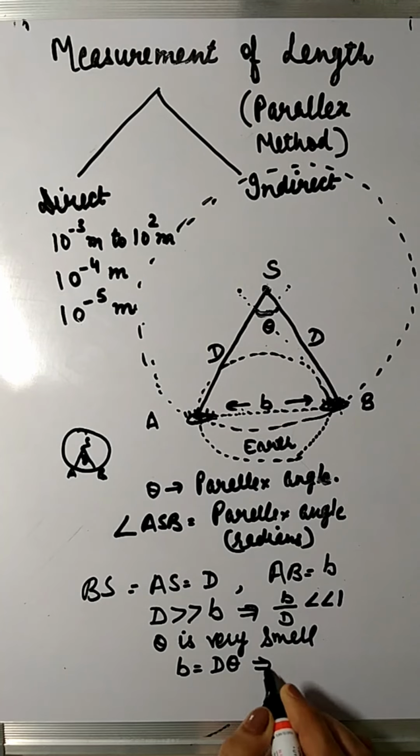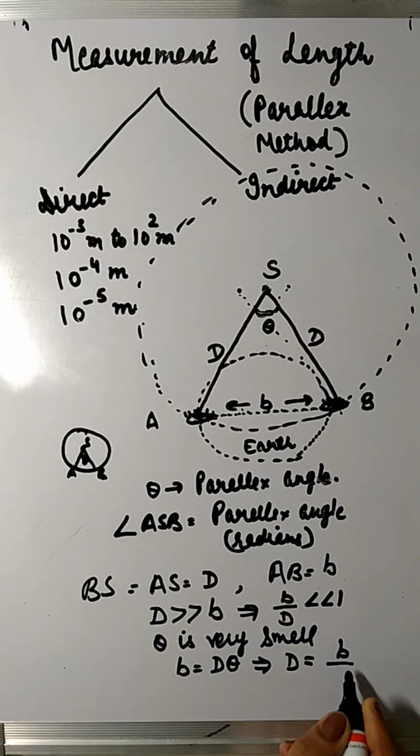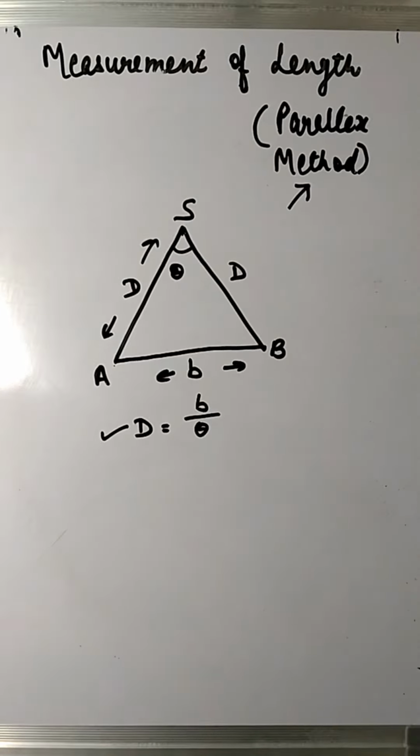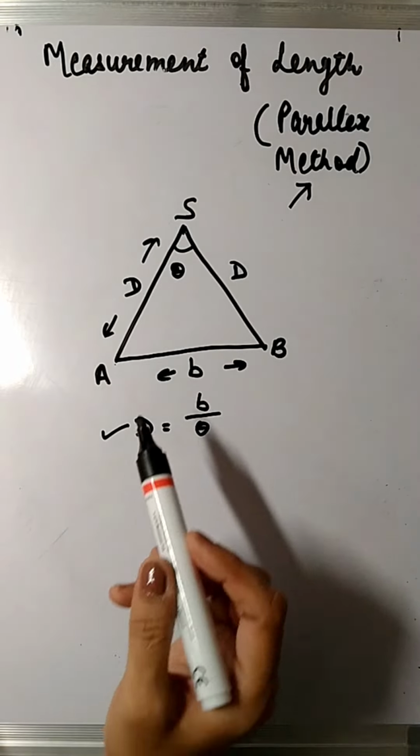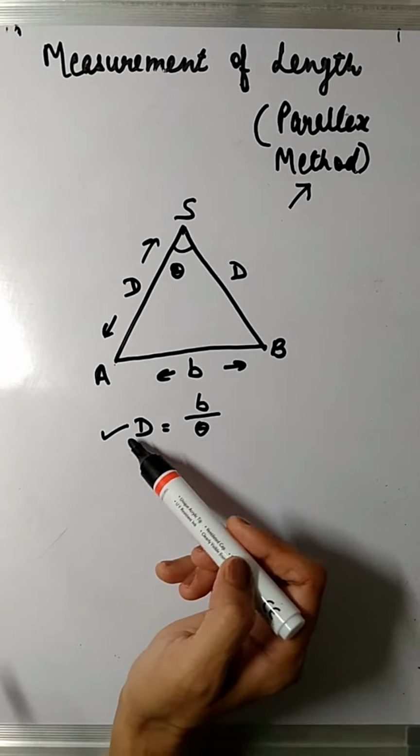So from here we find d is equal to b over theta. So we have calculated the distance d between this planet S and our Earth using this formula.